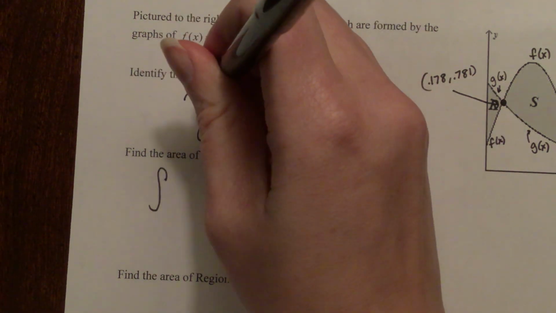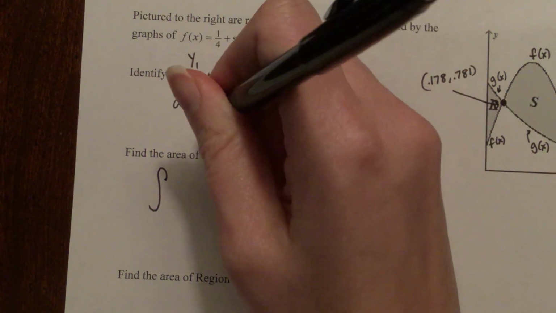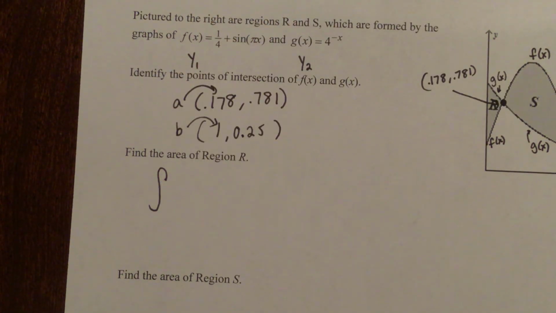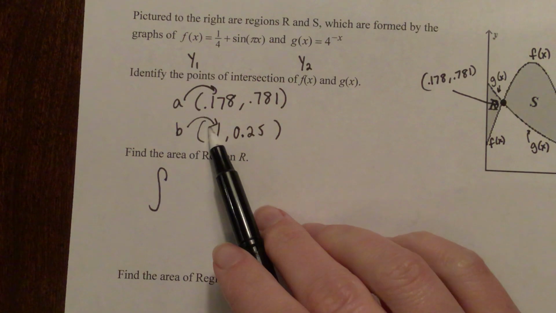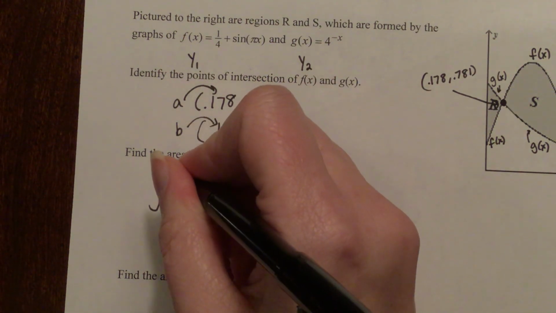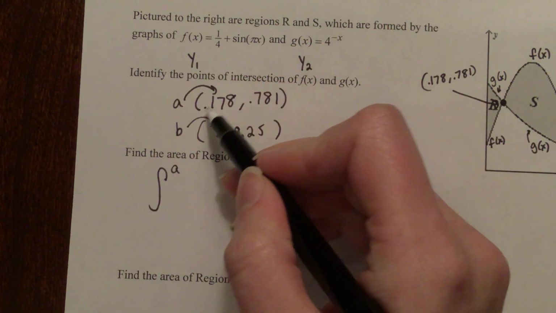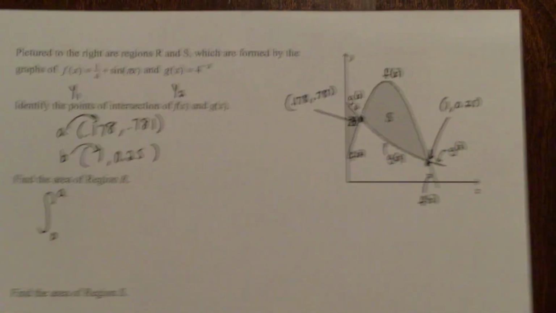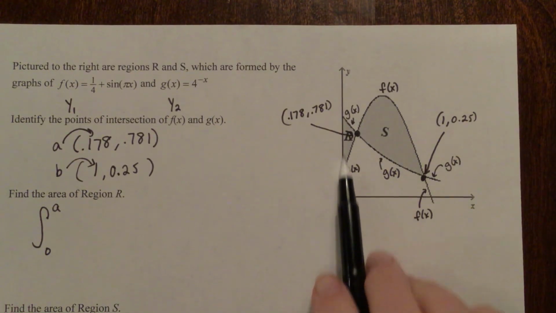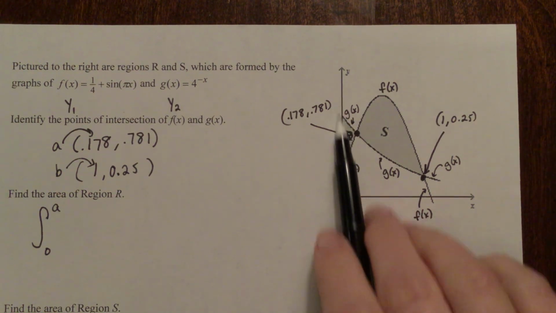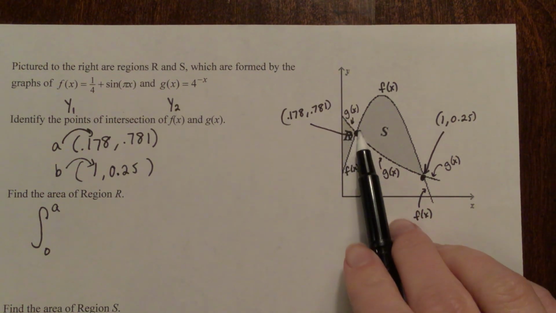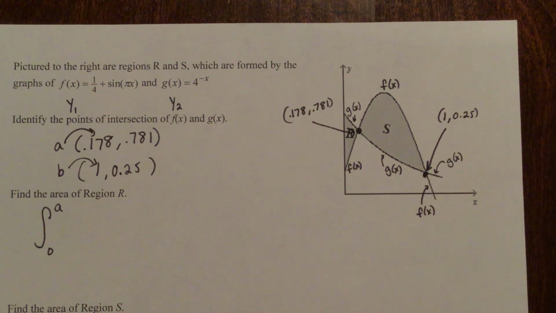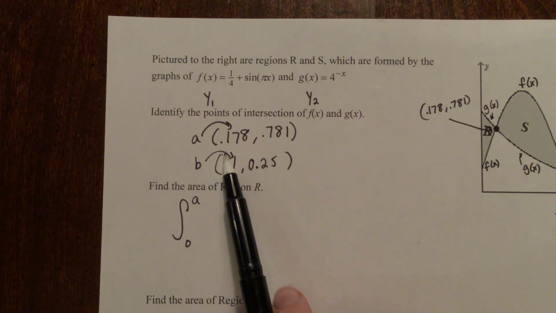So let's say that this is A, and then this number is B. Now that we've labeled A and B, I can use the letter A anytime I want to say 0.178. Looking back at that graph, the left end is x equals 0. The right end of R, that intersection point, is the 0.178.